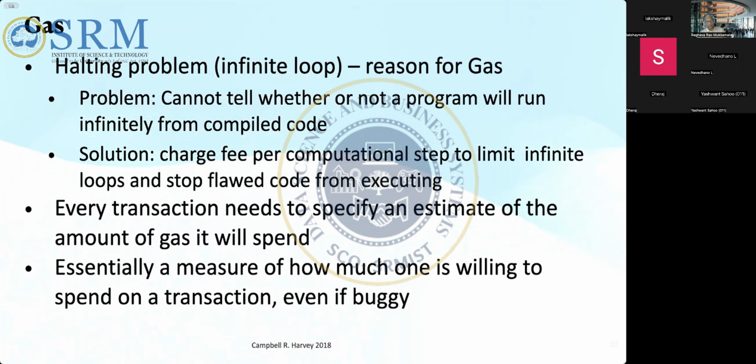First of all, the halting problem. So what does it mean? As we have seen when comparing with Bitcoin, Bitcoin scripting doesn't allow loops, so that's why you don't have big problems. But on the other hand, Ethereum is a Turing complete language, so that means you can use loops.